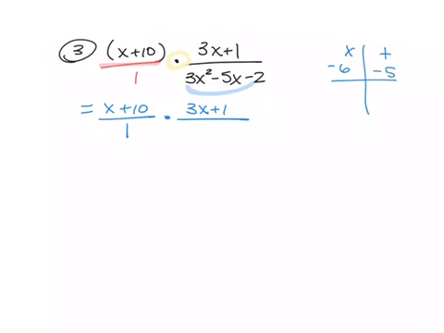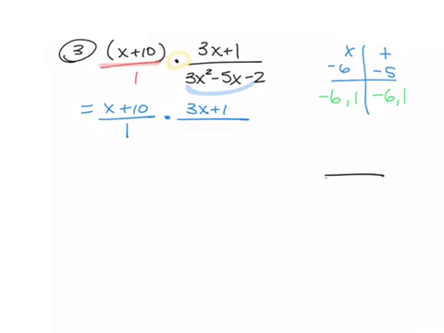So what are your two numbers that multiply to -6 and add to -5? -6 and +1. Now, if you were thinking -3 and -2, that does not work because a negative times a negative would give you a positive. So that is not the correct factor pair.